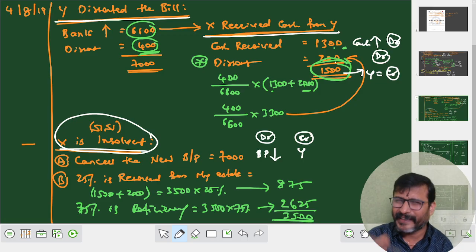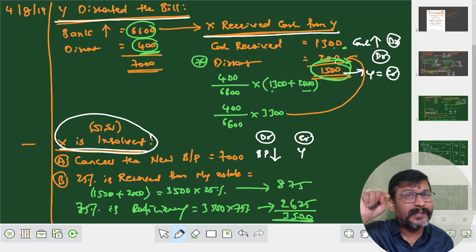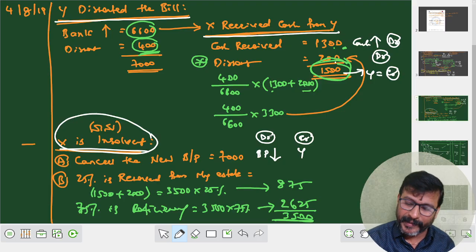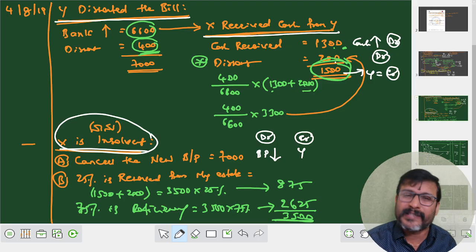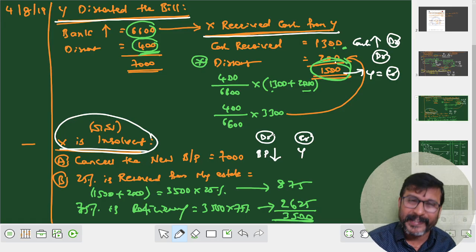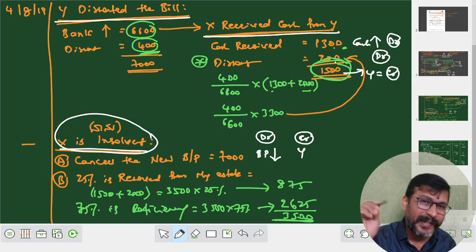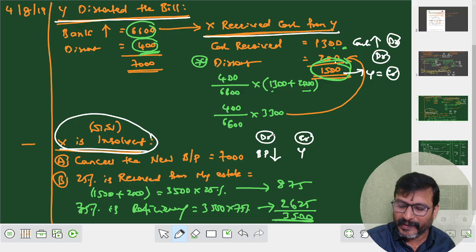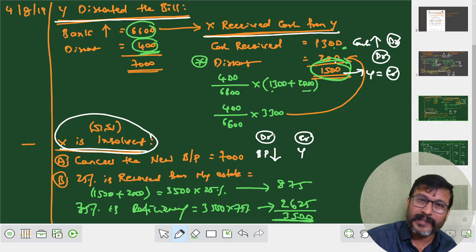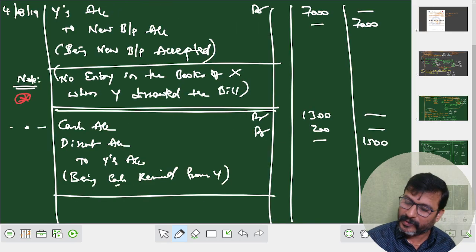Whenever the debtor is insolvent, debtor increased, BR decreased. But here, my dear student, when BP is dishonored, because I am insolvent, BP decreased. BP means liability. Liability decreased, so debit, then Y is to be credited. Entry is new bills payable account debit to Y's account.